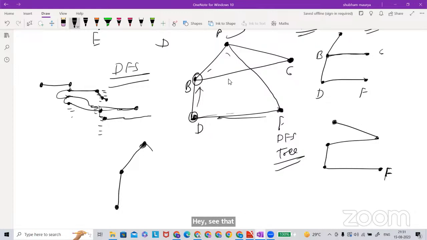We have to go to C, because this is the process of DFS.